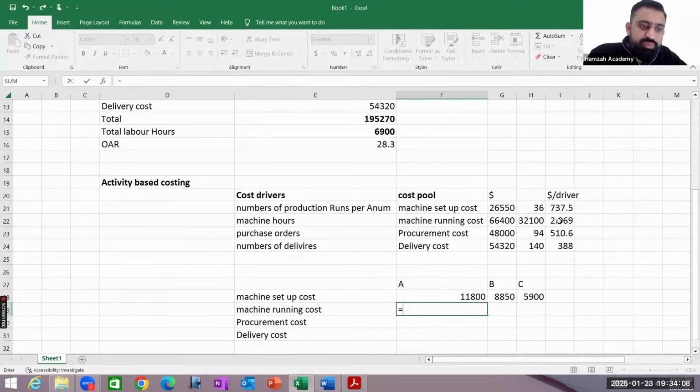Then machine running cost per machine hour is 2.069.